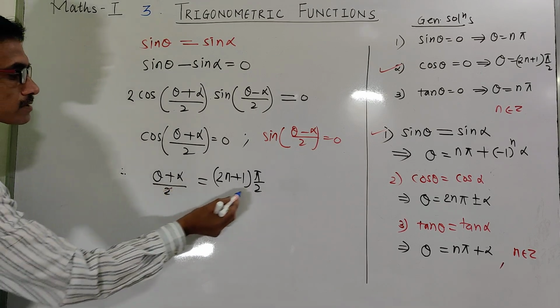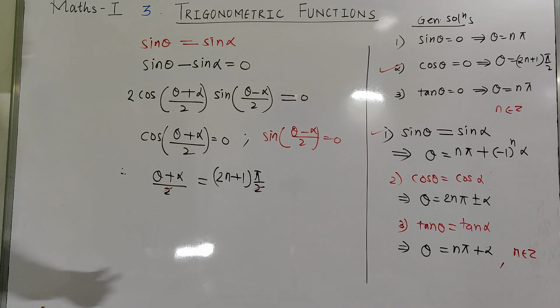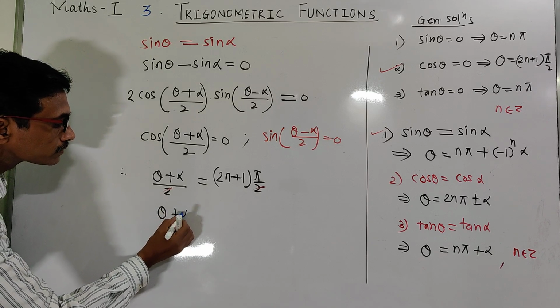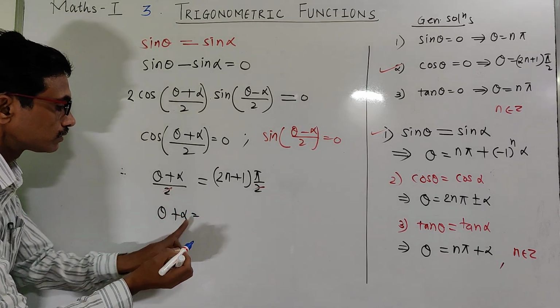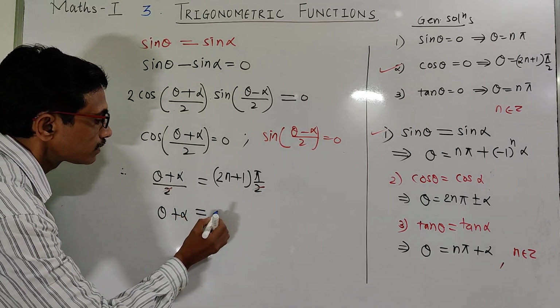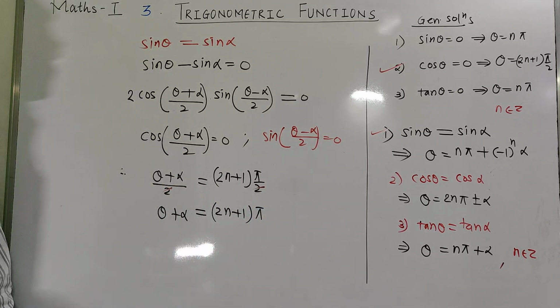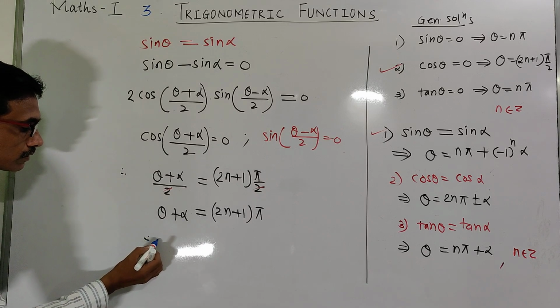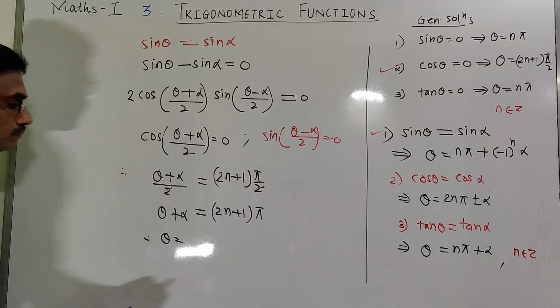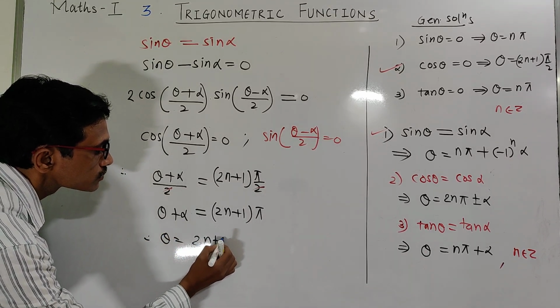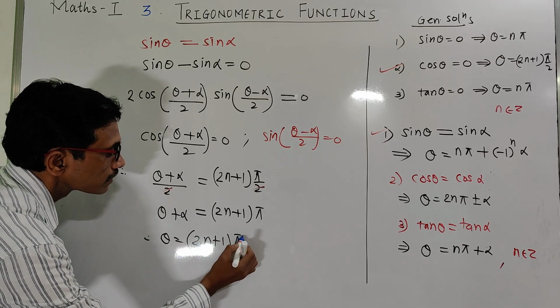This 2 is getting cancelled. So theta plus alpha is equal to (2n plus 1) pi. Therefore, theta is equal to (2n plus 1) pi minus alpha.